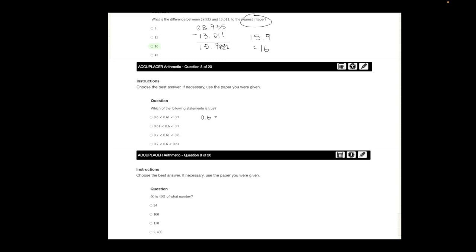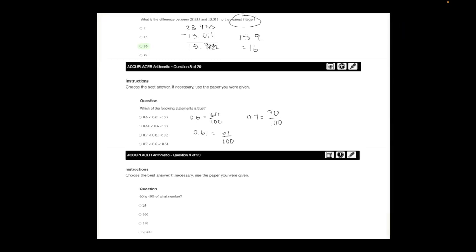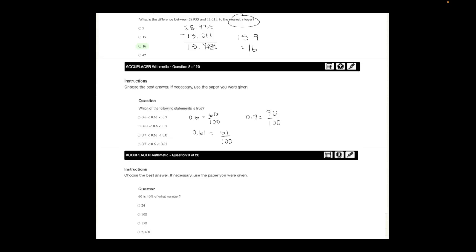So we'll convert the 0.6 to a number over 100. So this would be 60 over 100. 0.61, that's going to give us 61 over 100, and then the 0.7 is going to be 70 over 100. So now we just arrange these into either least to greatest or greatest to least.